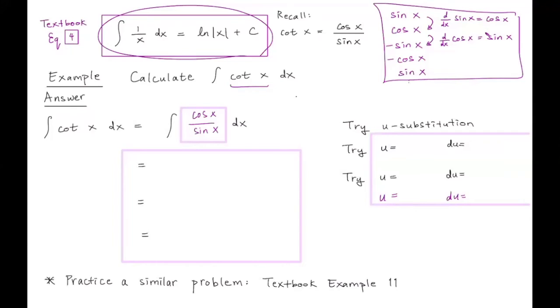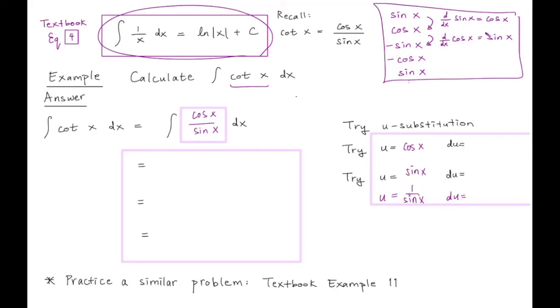In this class, we will learn many different techniques for solving integrals, but in Calculus 1, you have only learned a few, and one of them is u substitution. So let's try that. So let's try maybe u can be cosine x, u may be sine of x, u may be 1 over sine of x, and there might be more, but let's try these first.